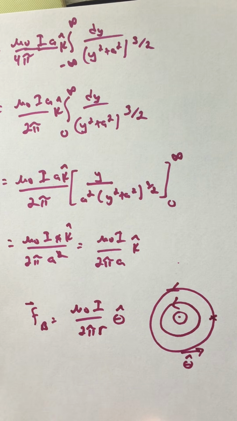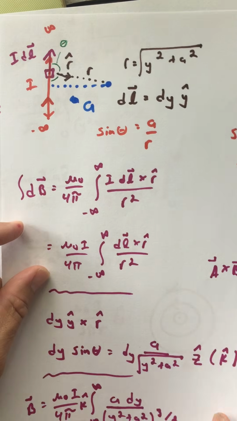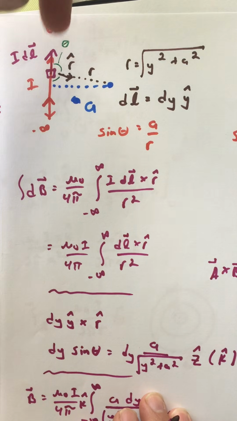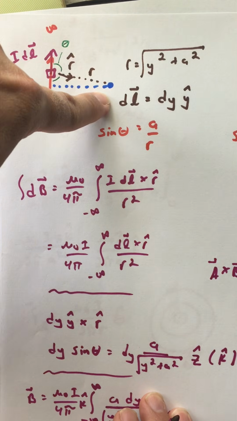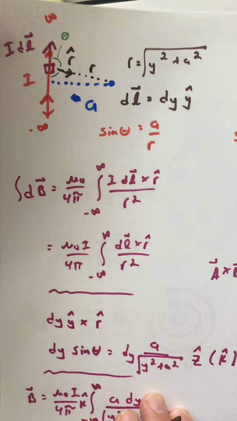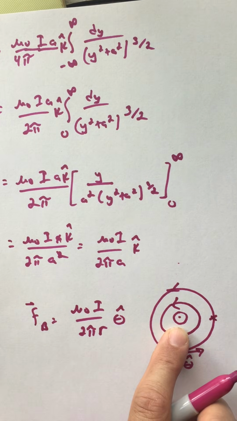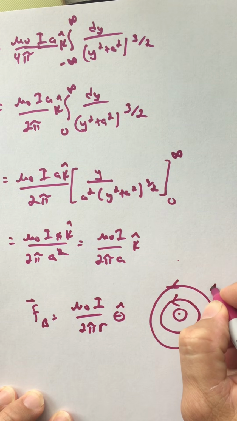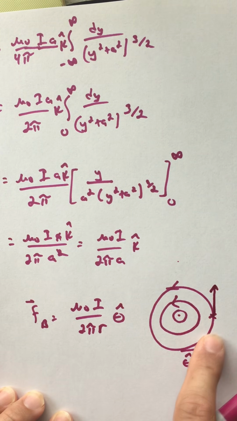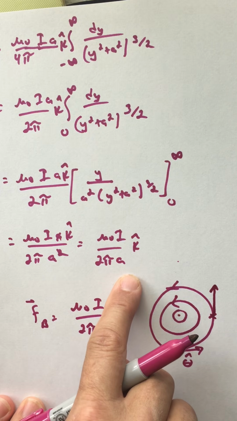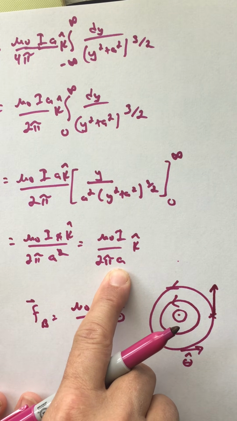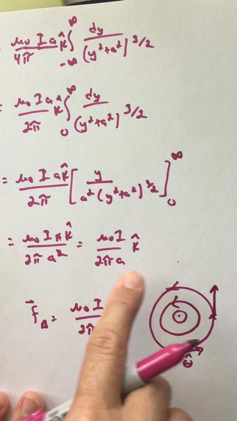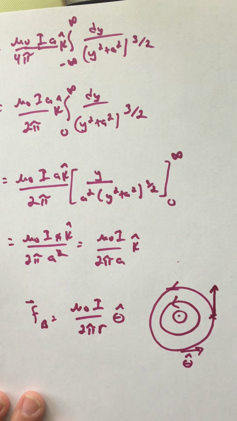So if I look at my original drawing, and I shift my perspective to where I'm looking down on the wire, I'm just looking at one point over here. That would be this perspective looking at this point. So at this point, I have a unit vector coming up, which is what I found here, because I determined that at the point a away in that particular location, I got this vector into the page.